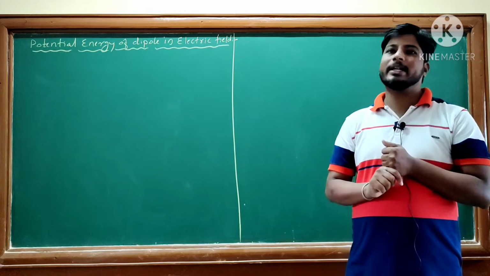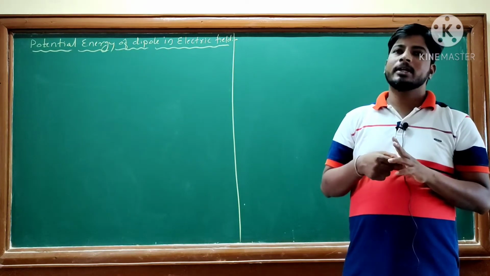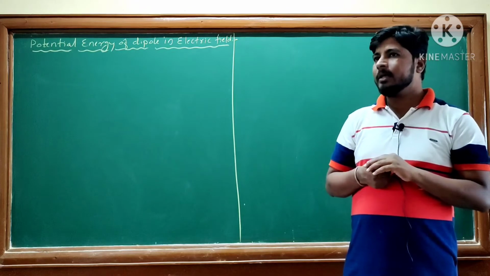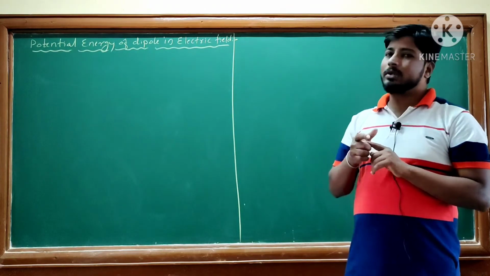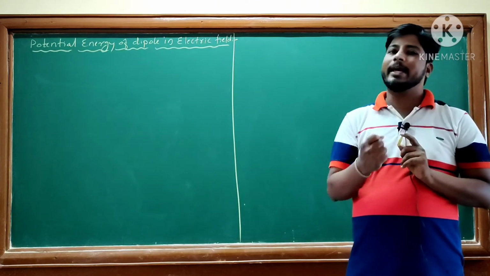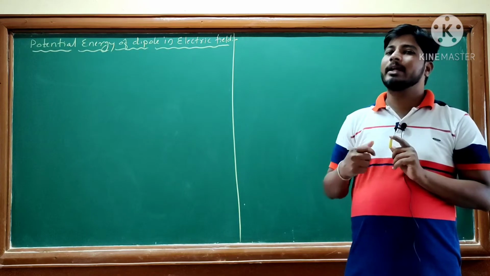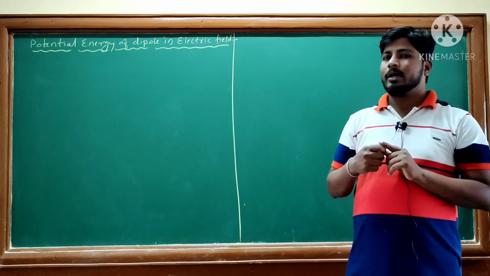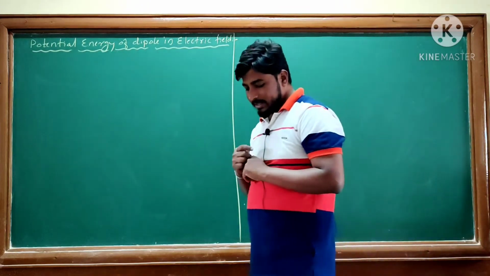The net force acting on the dipole is 0, but it experiences a torque. In this class, we are going to discuss the potential energy of the dipole in the uniform electric field.